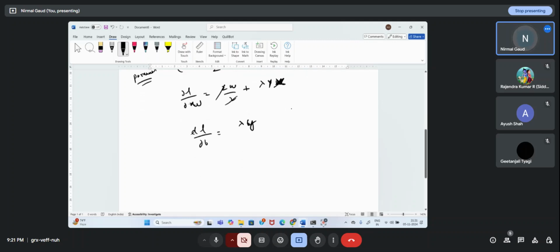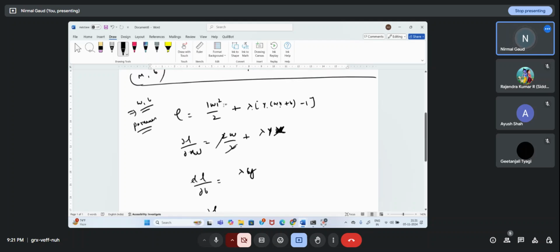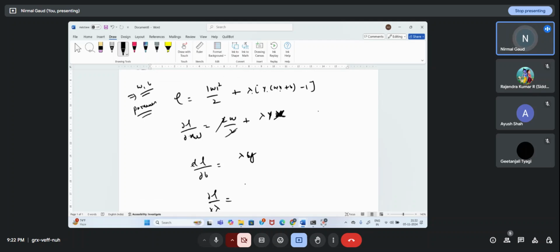And if I perform del L by del lambda, I will be getting, okay, this will be 0, and here lambda will be differentiated, so the entire term I will be getting here. That is y(wx plus b) minus 1.